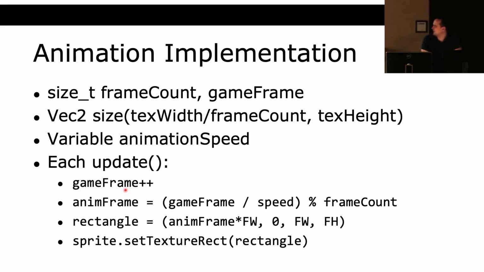So every update frame, I'm going to increment the number of frames that this has been alive. That's game frame plus plus. Then I'm going to calculate the frame of animation of Mega Man running, 0, 1, or 2, that I want to be drawing. And that is just the current amount of time I've been alive divided by that speed, mod the frame count.